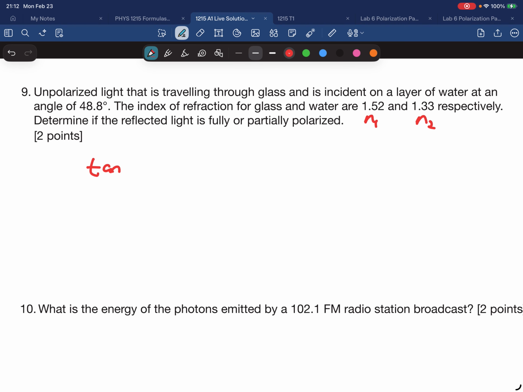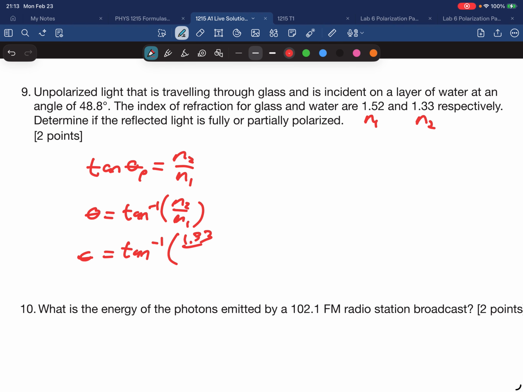So this is a polarization angle question, where we have N2/N1 on the right and the tangent of the polarization angle, or Brewster's angle, on the left. Rearranging this, we get theta is equal to the arctangent of N2/N1, and plugging in numbers, we get 1.33/1.52.